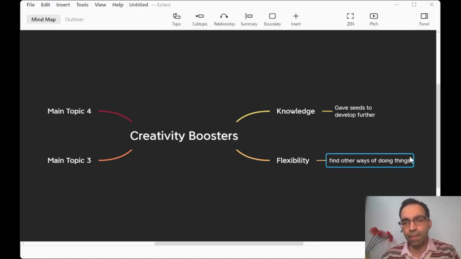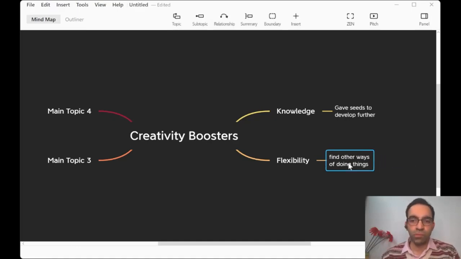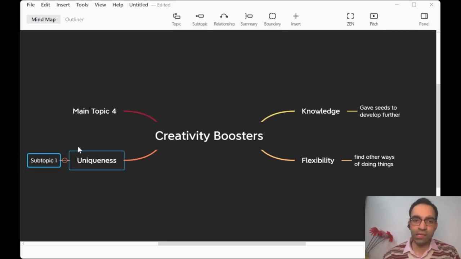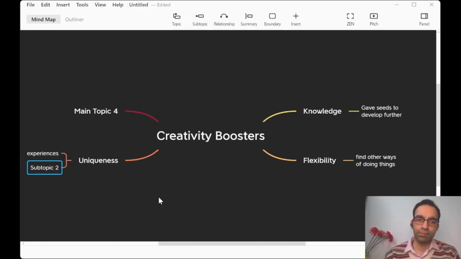Unique experiences. Uniqueness. Each one of us has lived life differently, so uniqueness in terms of experiences. We can also try some experimentations based on numbers. With some experiments we can be more precise and more creative.